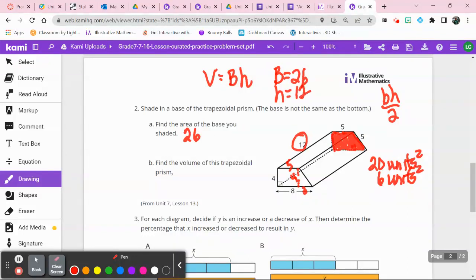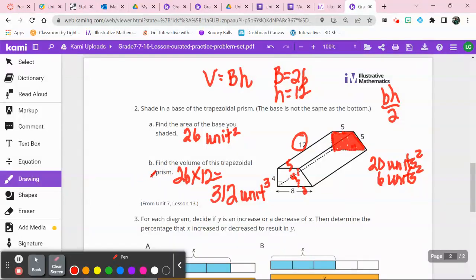So 26 times 12 is 312 units to the third power, which again, when you're putting it in, all you have to do is put in the 312. Up here, just put in the 26, okay? That's all you have to show.